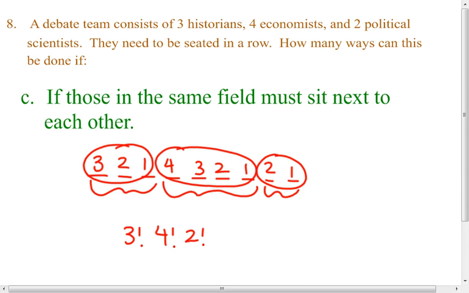The problem is, does it have to be that the historians are first, the economists are second, and the political scientists are third? It doesn't. So you also need a 3 factorial in here, because you can mix up those 3 groups. Those 3 groups can be switched around as well, and that's why you have to have the 3 factorial in there. So 1,728 ways.